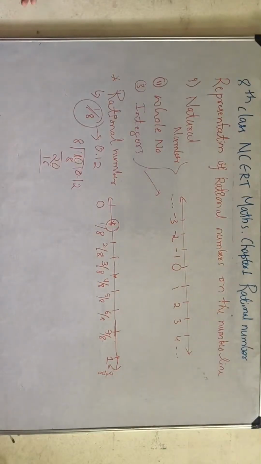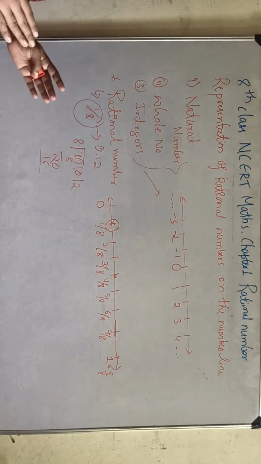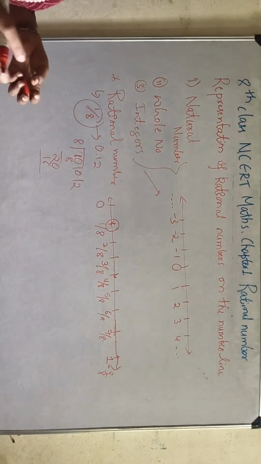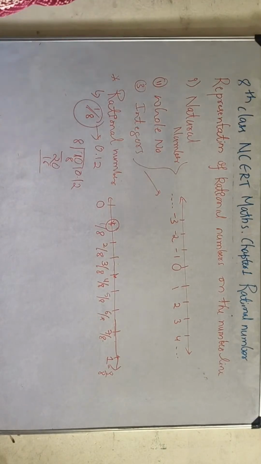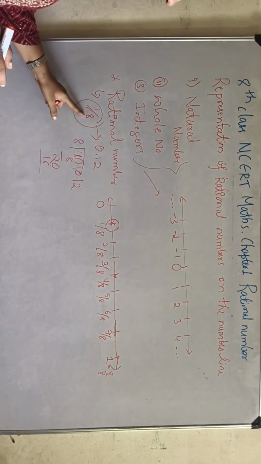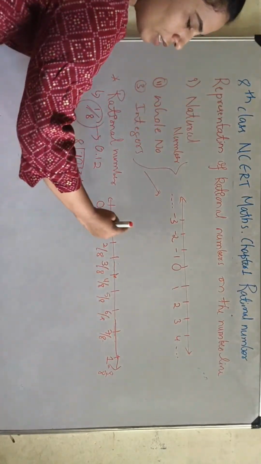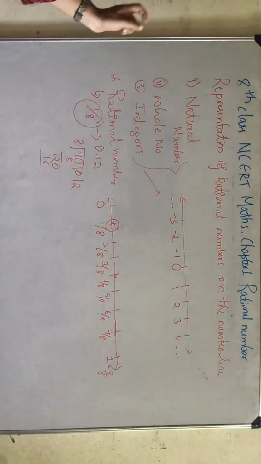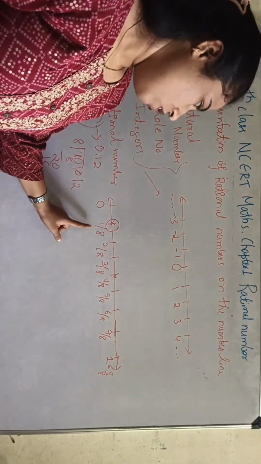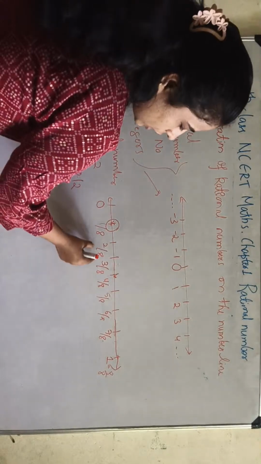How will you represent? You have to think of the fraction as a rational number and see in between which two natural numbers it is lying. After that you have to see the denominator parts. If it is 8, we have to divide the space in between the two natural numbers into 8 equal parts. Then we have to start from here, with the denominator. We did the 8 equal parts, right?